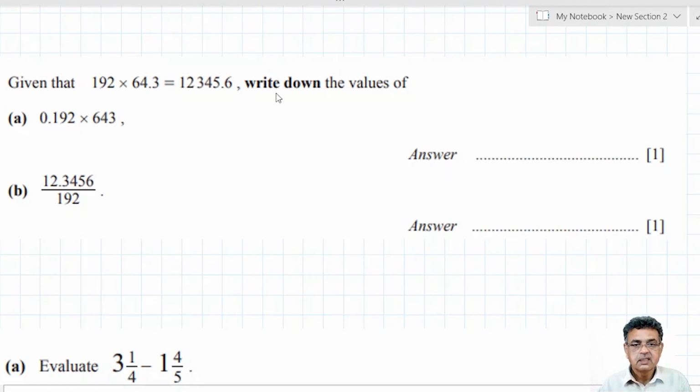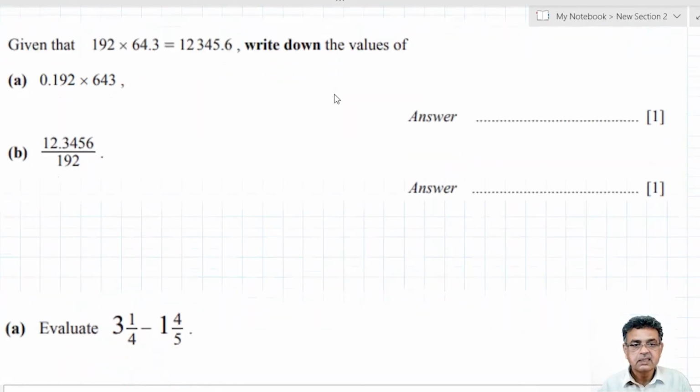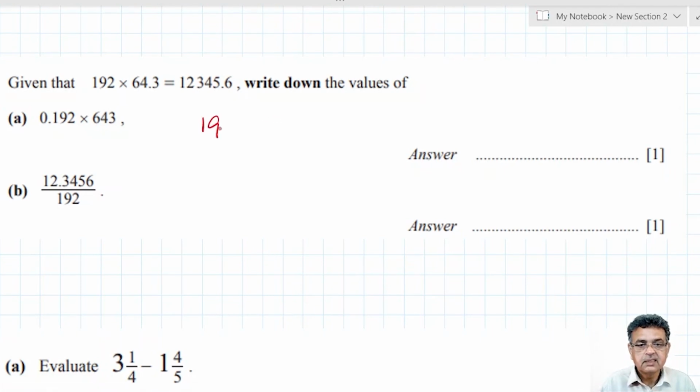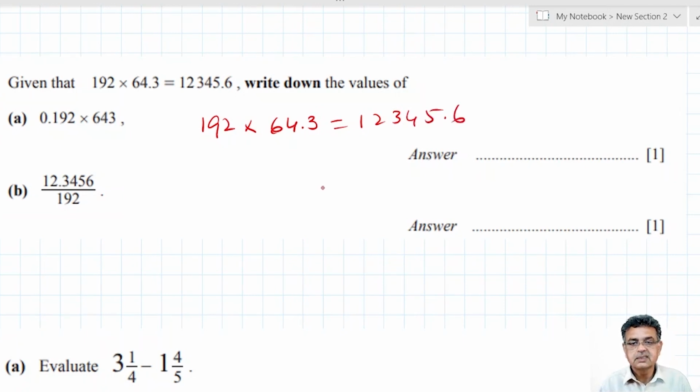Okay. Now this is an interesting question, where the product of these two numbers is given here. 192 multiplied by 64.3 gives us 12345.6.